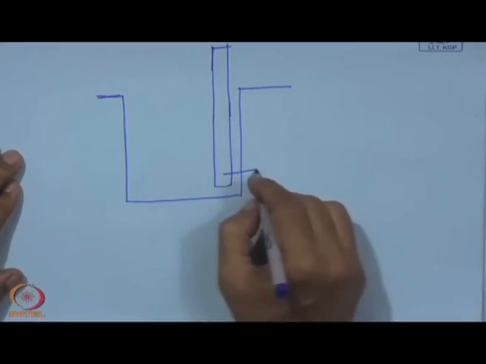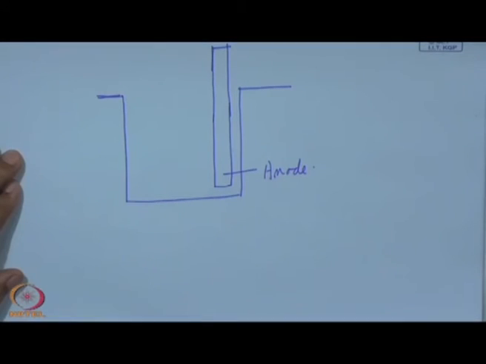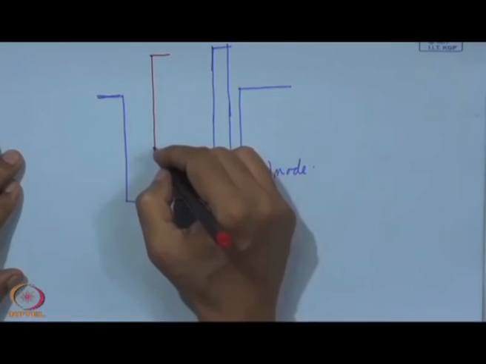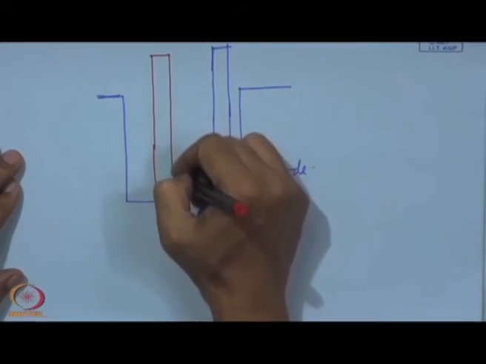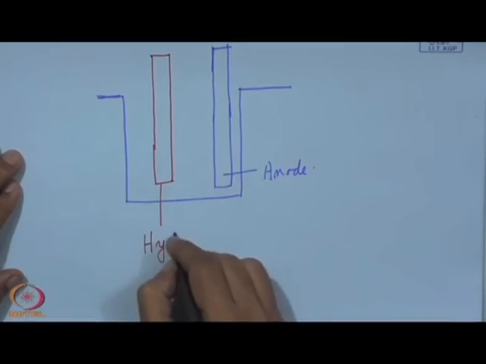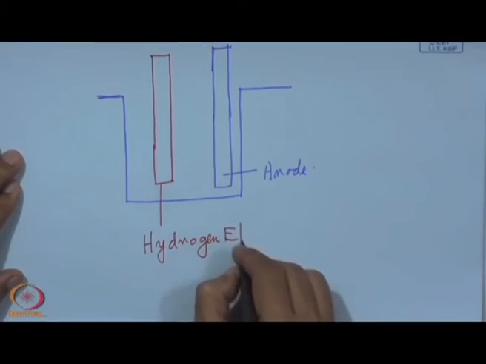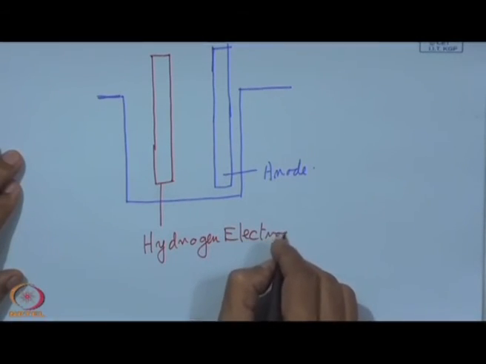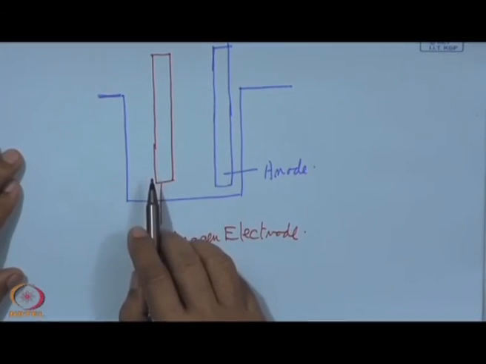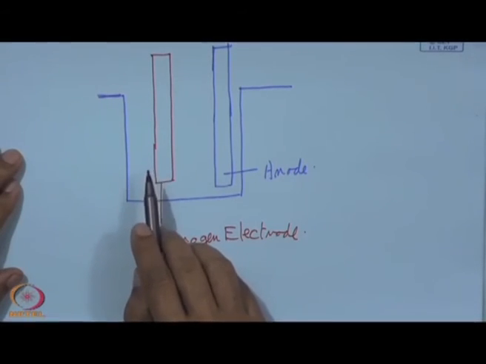So, that is the anode, and on this side we have what we call the hydrogen electrode. Hydrogen electrode means its electrochemical potential is at 0.